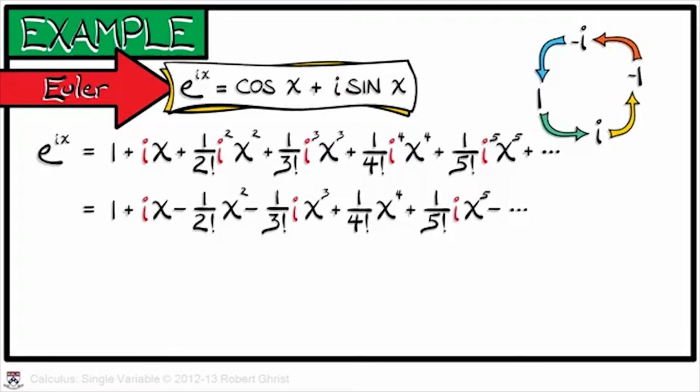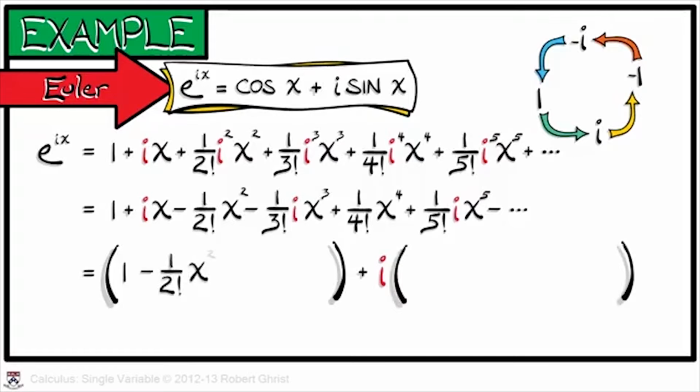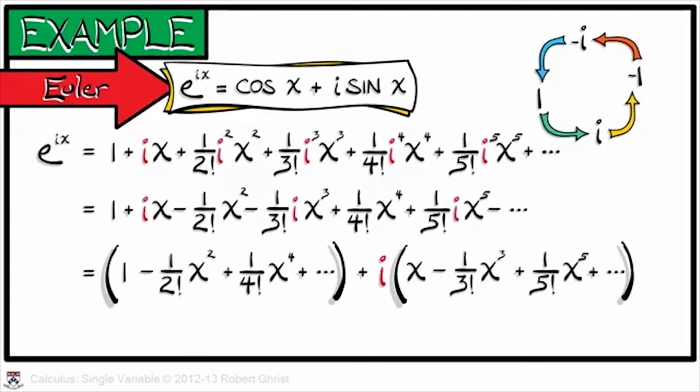You can see the pluses and the minuses coming in alternating pairs, and the real versus imaginary terms alternating with each term. Now, if we were to do what we do when we work with complex numbers and collect all of the real terms into one part and all of the imaginary terms into the other, then what would we obtain? Well, the real portion of this expression is 1 minus x squared over 2 factorial plus x to the 4th over 4 factorial, etc., with the signs alternating and with even powers of x.